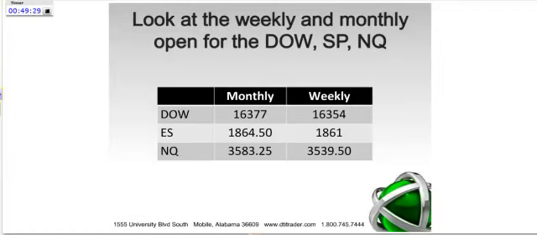So I got a calculator. Take 1% of 1864. What's 1% of 1864? Roughly 18.6, right? 2% is what? 2 times that.